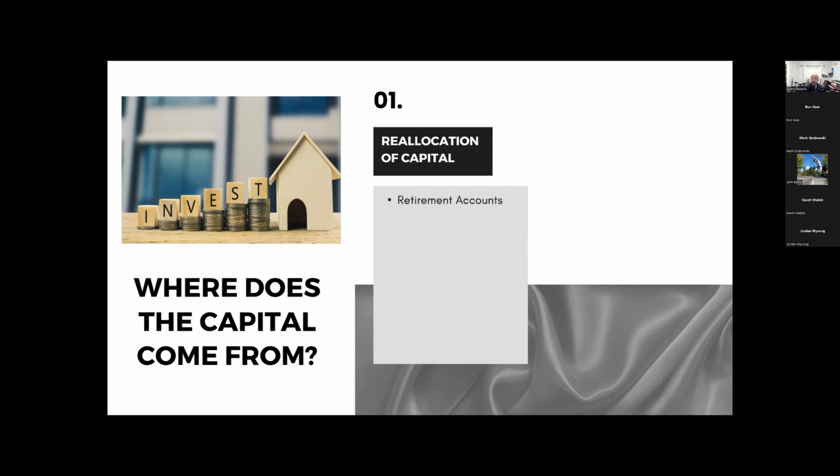The first place that we reached for real estate capital was our retirement accounts. We both had a 401k when we worked at GE. Emily left GE first, so that 401k became available to roll over.